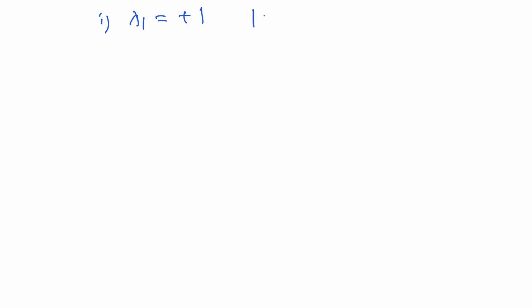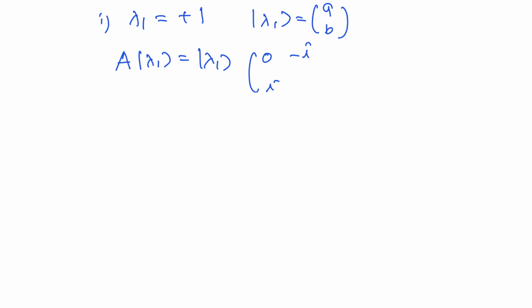Then say the eigenvector is a, b, right? So A acting on a, b is equal to a, b.